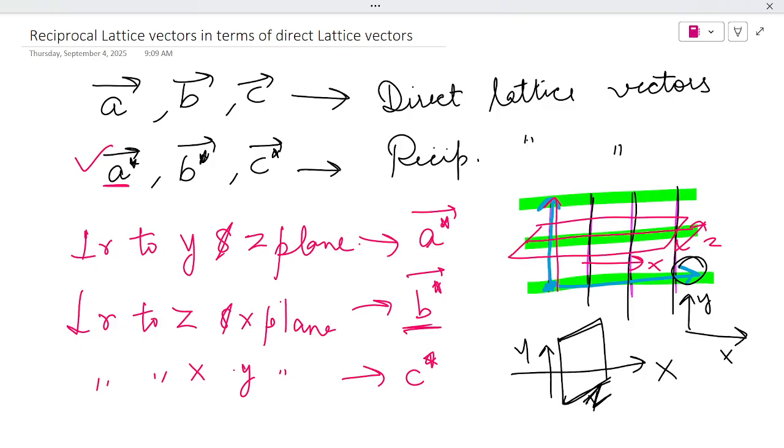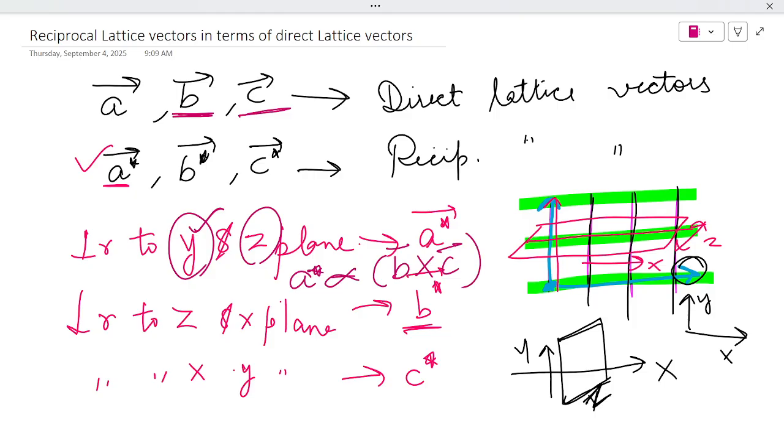For example, here A star has to be equal or directly proportional, I should say, to what? Y plane and Z plane. So what is the primitive vector along y-axis? That is B, and along z-axis, that is C. So A star is proportional to B cross C.